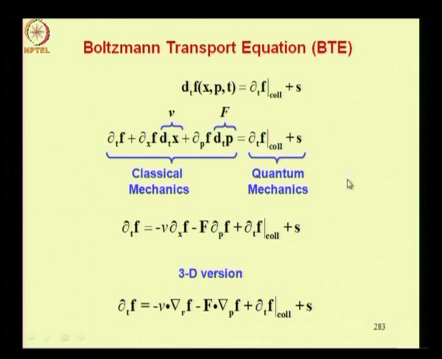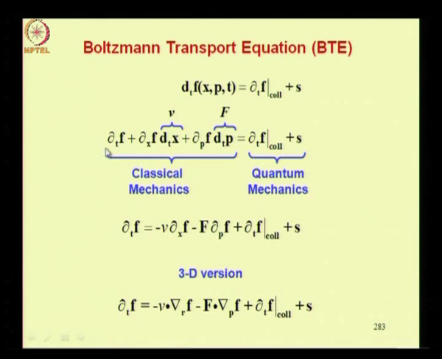The Boltzmann transport equation, in the most compact form, is df by dt equal to dou f by dou t due to collision plus other source terms. Now the total differential d is because of various factors, as you can see x, p and t are the three variables.